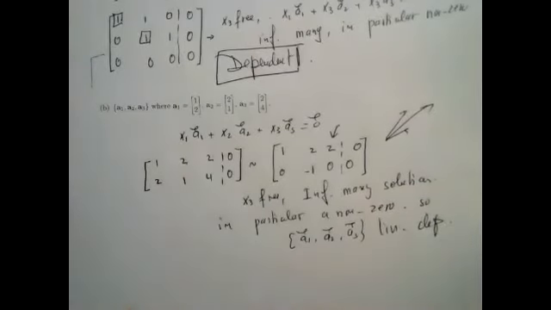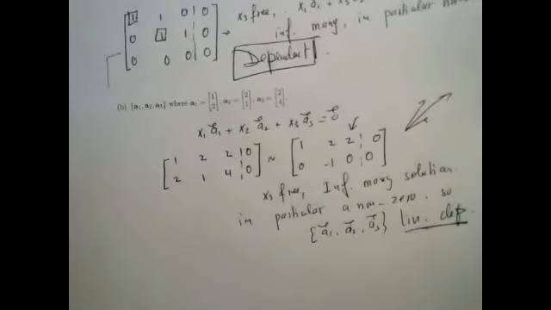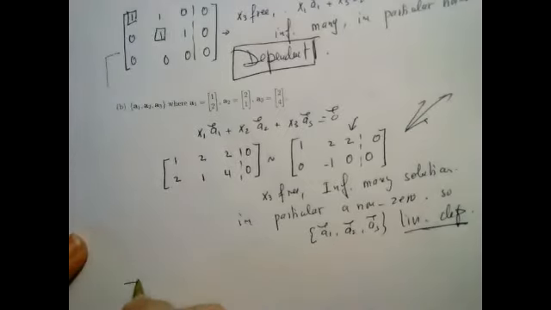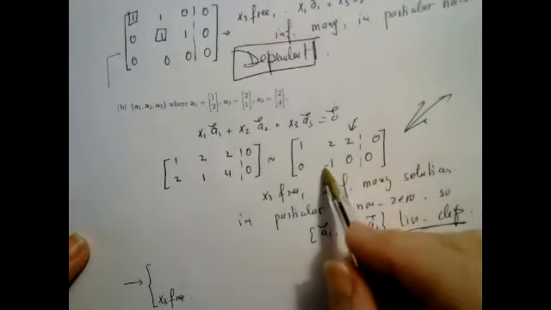Linearly dependent, okay? So fine, absolutely dependent. I answered this question. Now I want a relation between the vectors in case you're asked for it. So to find a linear dependence, I need to solve. X3 is free, I'm done. How do I read this?